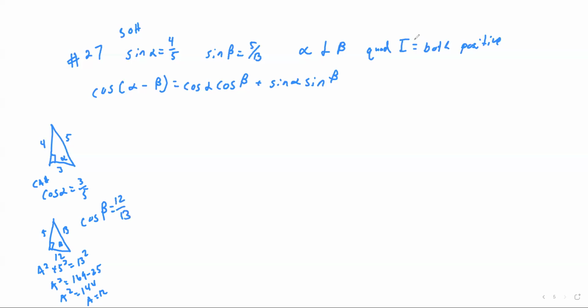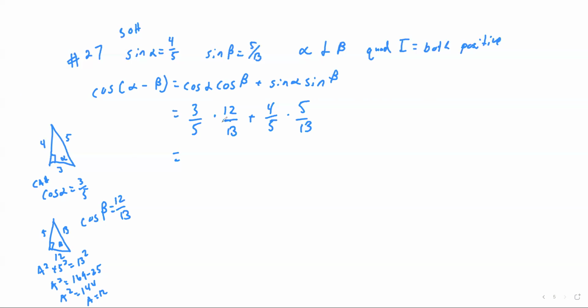That's why this part's important, because now I know that these are also going to be positive. All right, so cosine alpha is 3/5. Cosine beta is 12/13. Sine alpha was given to us as 4/5, and sine beta was given to us as 5/13. So then we work it out this way. We don't have to use the unit circle.